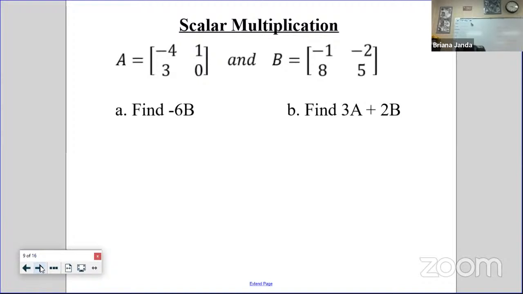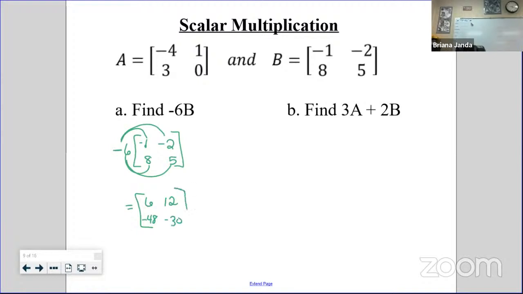So let's go ahead and try a couple of these. -6B says my scalar multiplication is -6 times the matrix that they give me, that is B. -1, -2, 8, and 5. Means I'm taking that -6 and distributing it to all elements within. And our result would be 6, 12, -48, and -30.